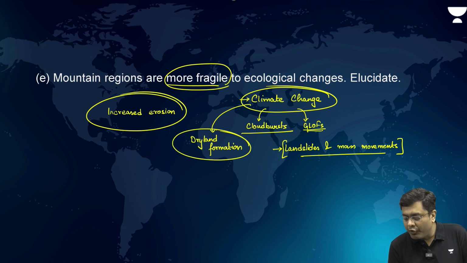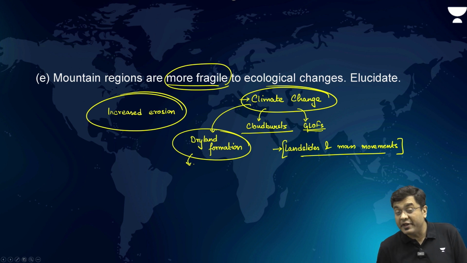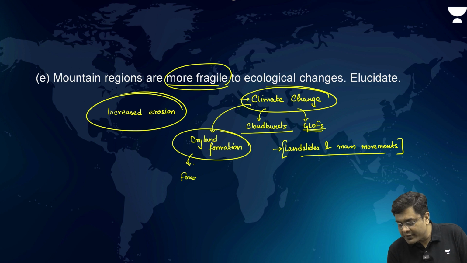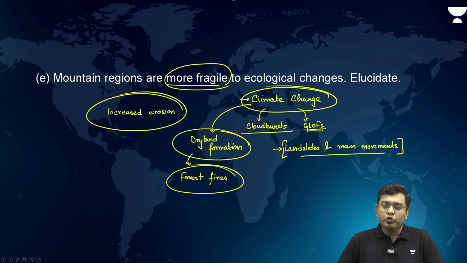Then dryland formation can also immediately give rise to, because of the type of vegetation that you have in the mountainous area, it can also give rise to forest fires. Excuse me, something that we observe in the region of Uttarakhand quite frequently. So, these are the factors that you had to focus upon.